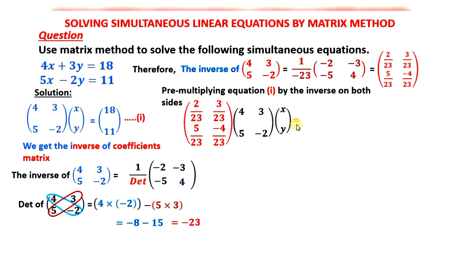And then for the right hand side, again, we are going to pre-multiply by the inverse matrix. That means the inverse matrix comes first and then 18, 11 follows.